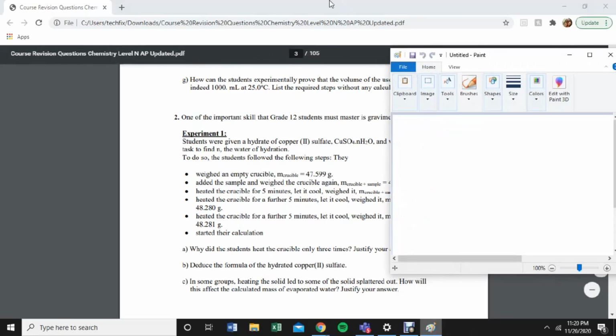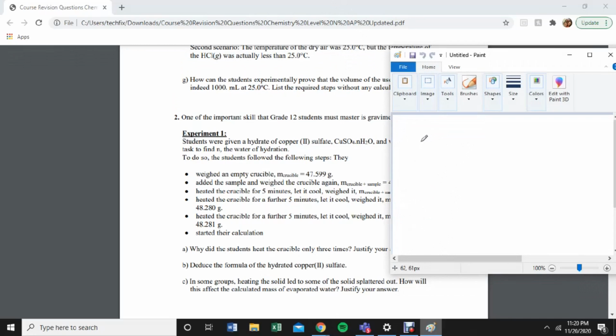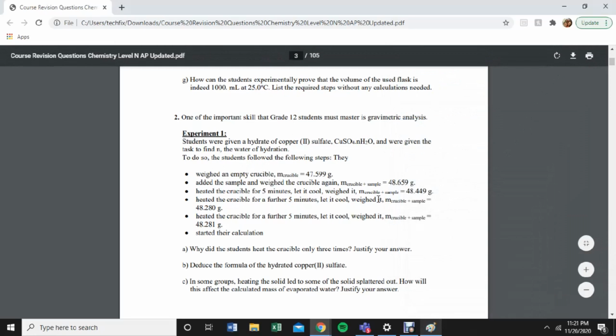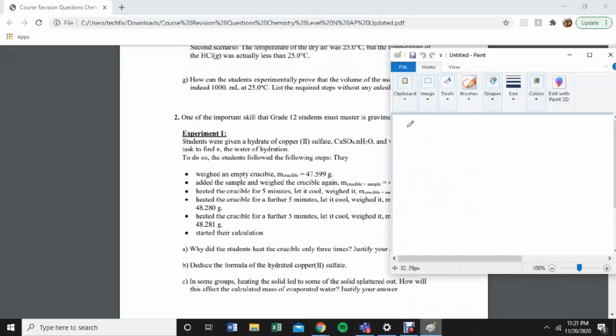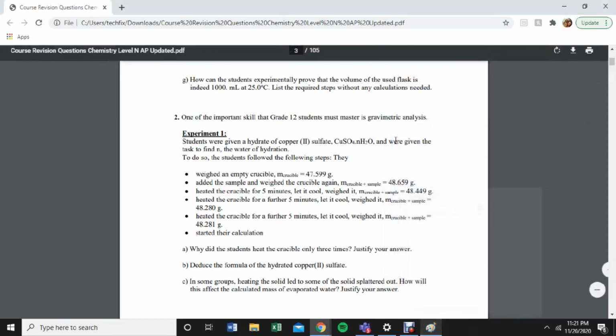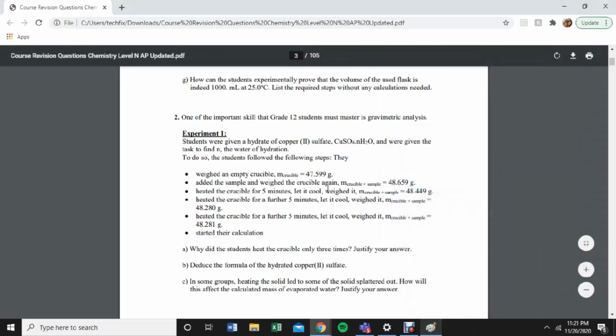Okay. First step is you find the mass of the water evaporated. So the mass of water evaporated would be the mass of the sample before the heating minus the mass of the sample after the heating, because after heating, water evaporates. So before the heating, the water is present, so that's how you find the mass of the water that evaporated.